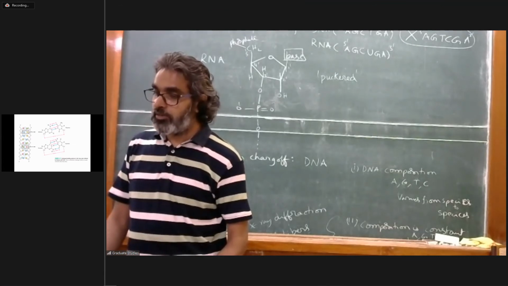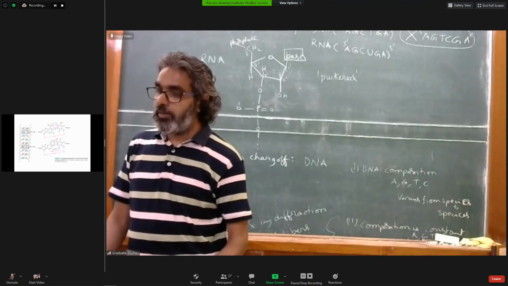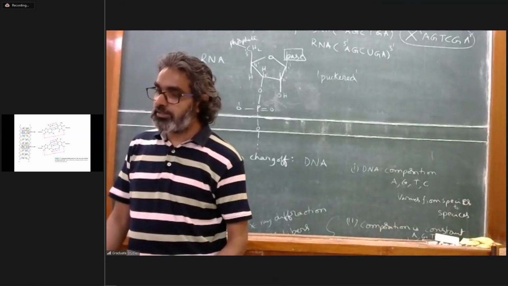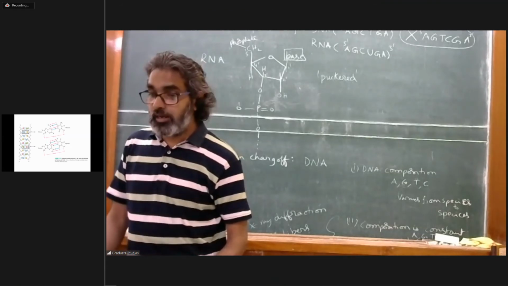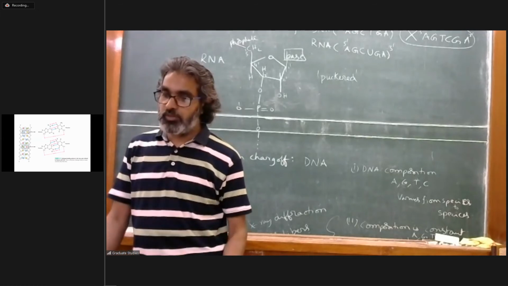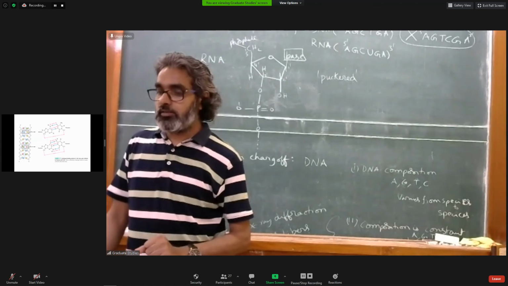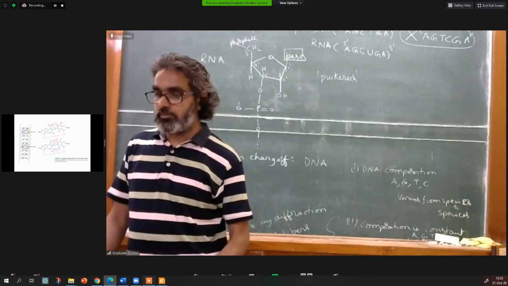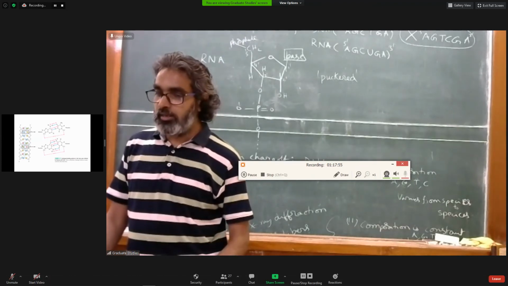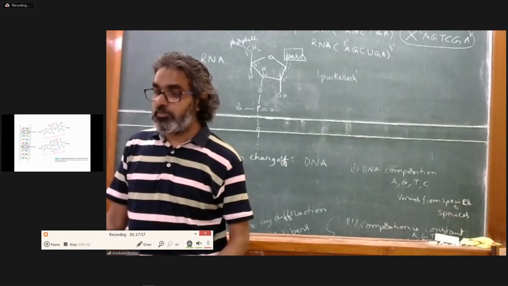G forms hydrogen bonds with G, and 4 such guanine bases come together and form what's called a G-tetrad. I'll show you structures next week. Next week we'll talk about non-canonical DNA and RNA structures, and why RNA doesn't really form a double helix.